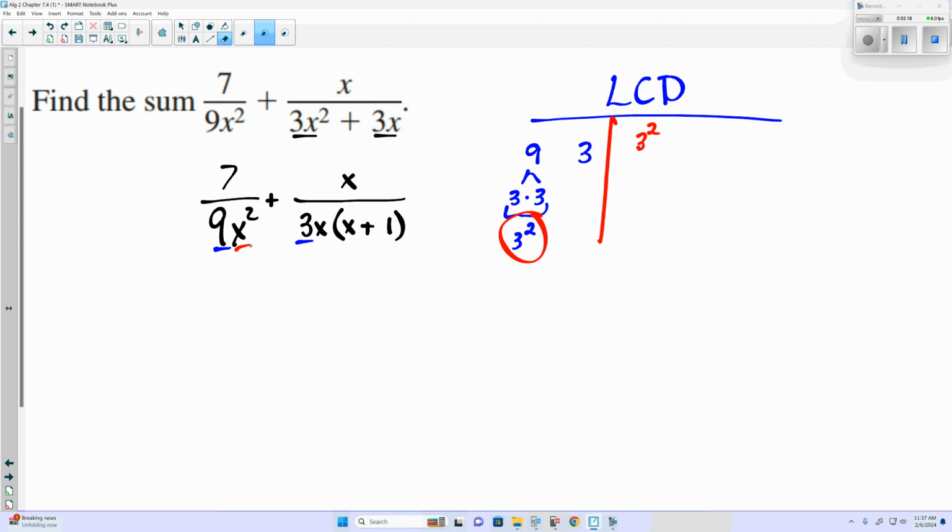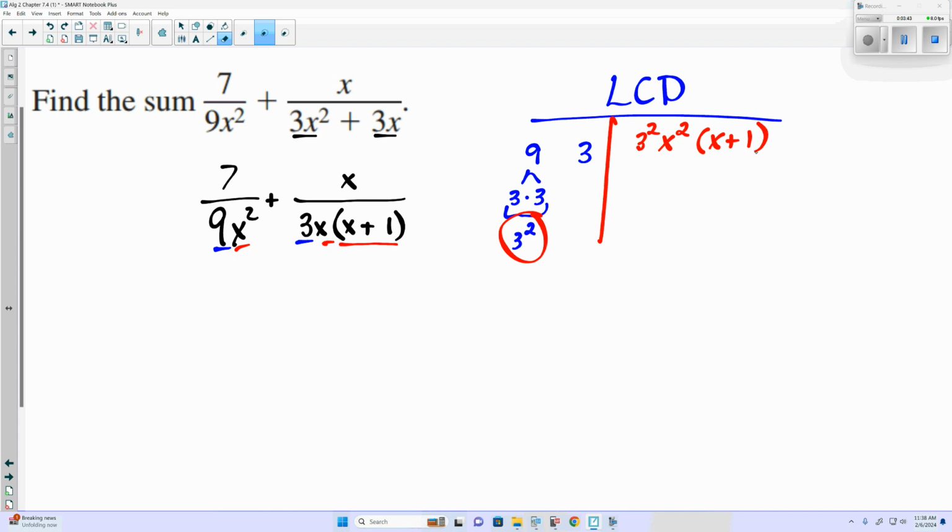Now we look at our x squared and x. One of them has 2, the other has 1. So we need to take the most of each of these here, so we're going to take x squared. And the only other thing left is our x plus 1. So it's 3 squared times x squared times x plus 1 is the least common denominator.